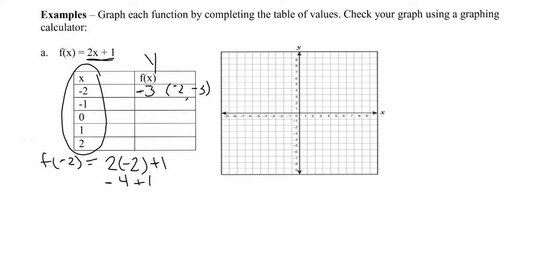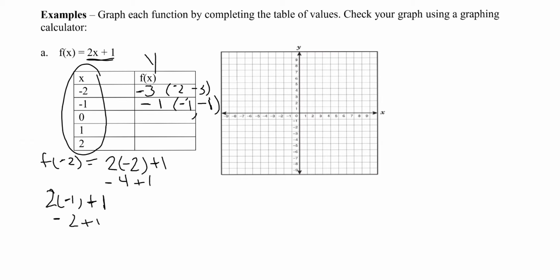When I plug in negative 1, we'll do 2 times negative 1 plus 1. 2 times negative 1 is negative 2, plus a positive 1 will give me negative 1. So my ordered pair would be negative 1, negative 1.